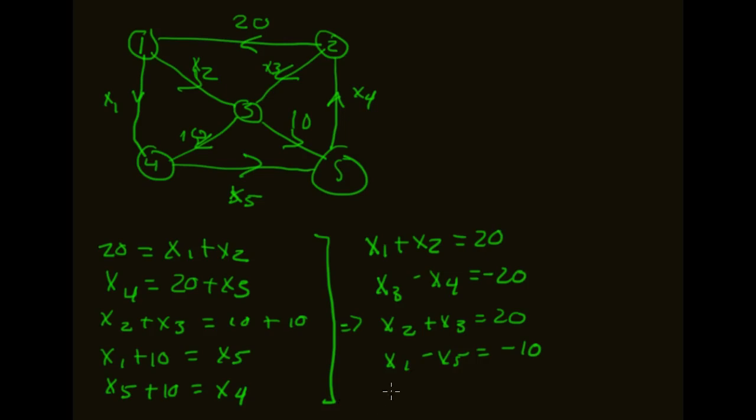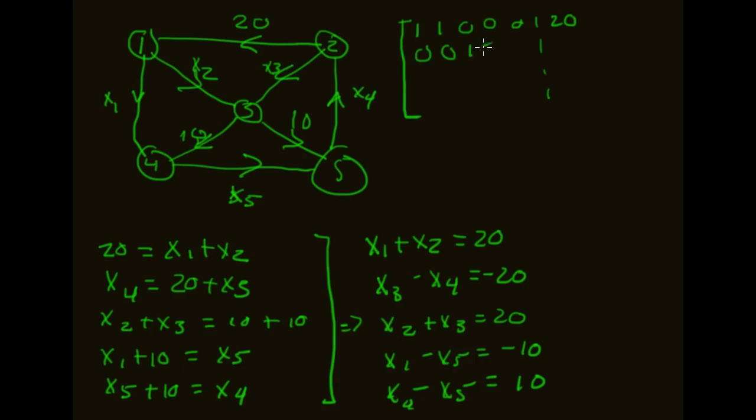And x4 minus x5 is going to be equal to 10. All right, so the augmented matrix should look like 1, 1, 0, 0, 0, 20.